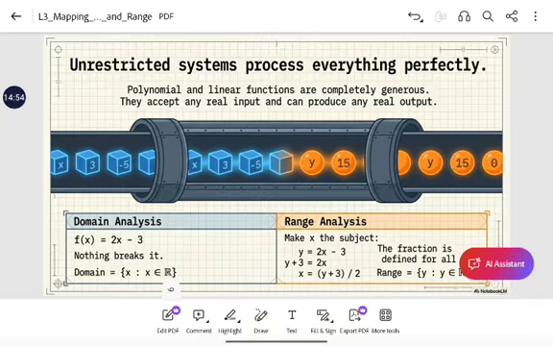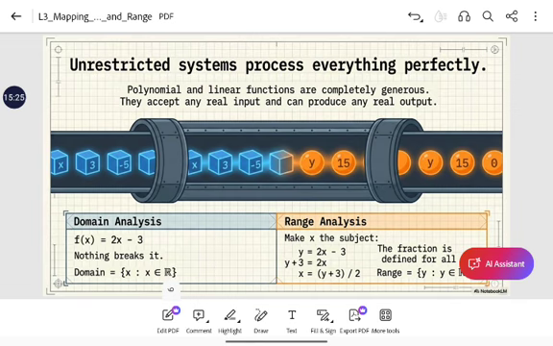So we come back to polynomial functions. Now, functions that are unrestricted. We are trying to say that every value of the domain will give you an allowable output. Okay, a range. Good.